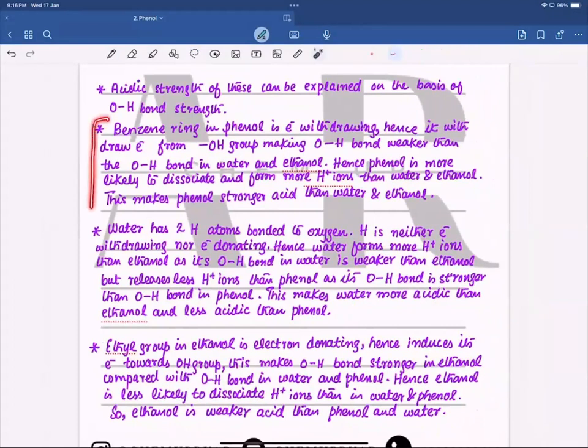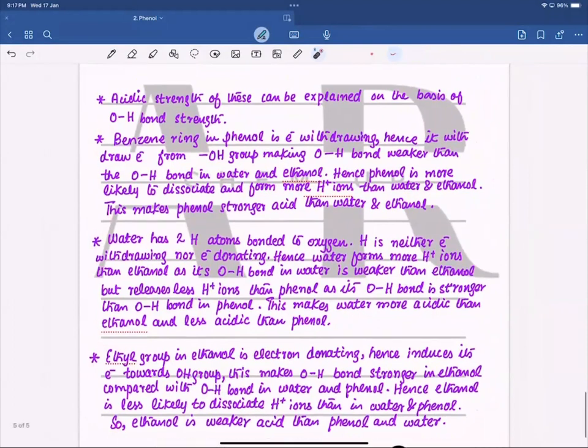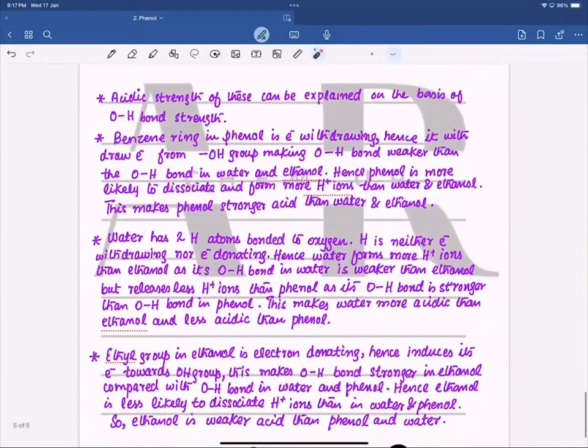This paragraph is in the context of phenol, this is in the context of water, and this is in the context of ethanol. So just note these down quickly, and while noting down, if you find anything ambiguous or unclear, please ask.